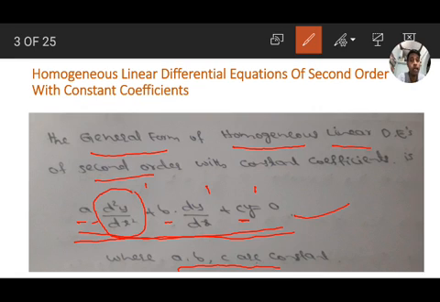It is second order because the highest order d square y by dx square is second.